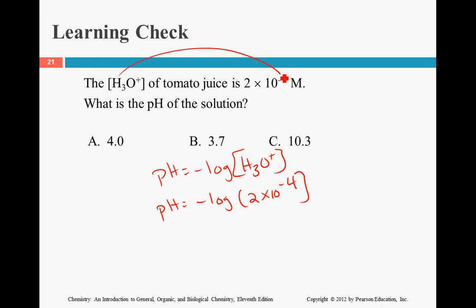Notice they give you the H3O plus concentration, which then gets put into the equation. The log of that number comes out to be negative 3.7. We're going to take the negative of that, which comes out to be positive 3.7.